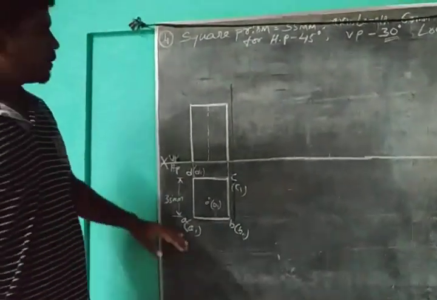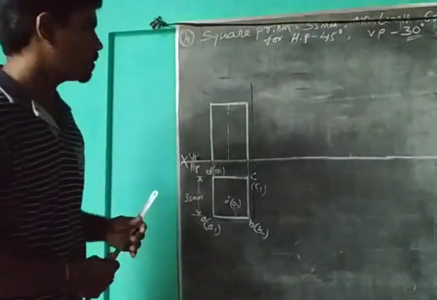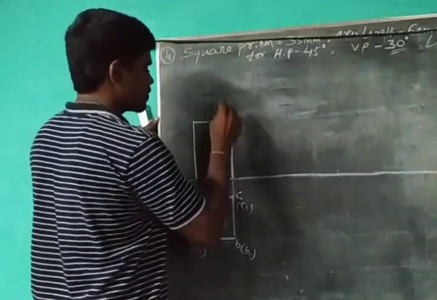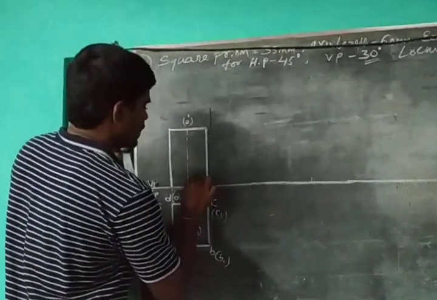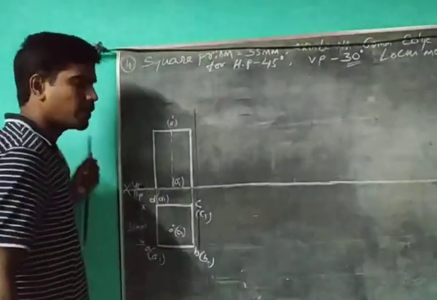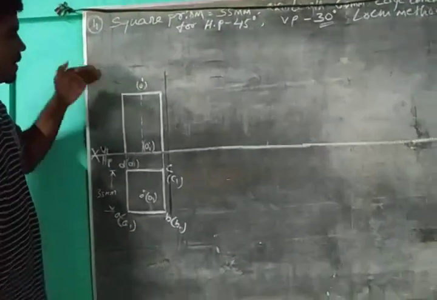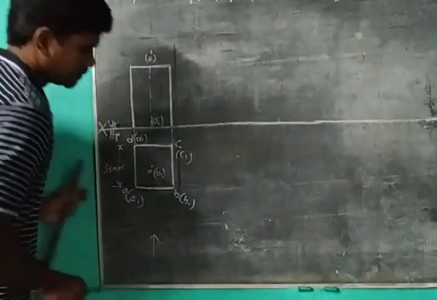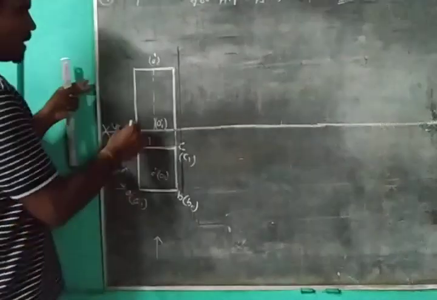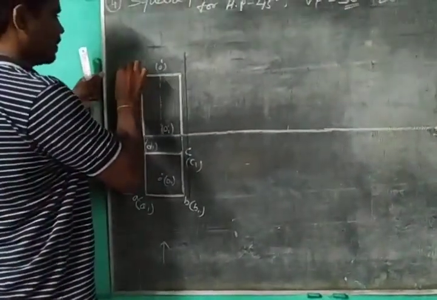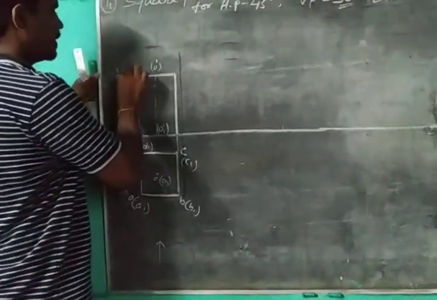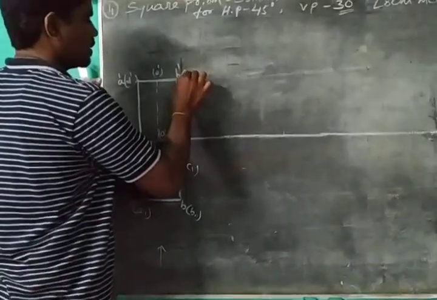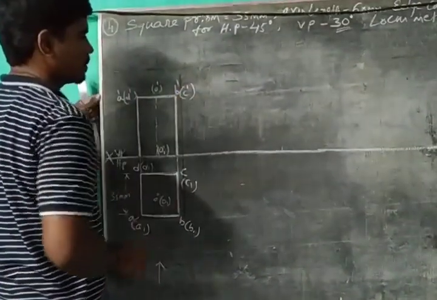Okay, and go for the naming of the front view. Here O dash is not visible and O1 dash is also not visible, so write them in brackets. A dash is visible if you see from here, and B dash is not visible. Here B dash is visible and C dash is not visible.